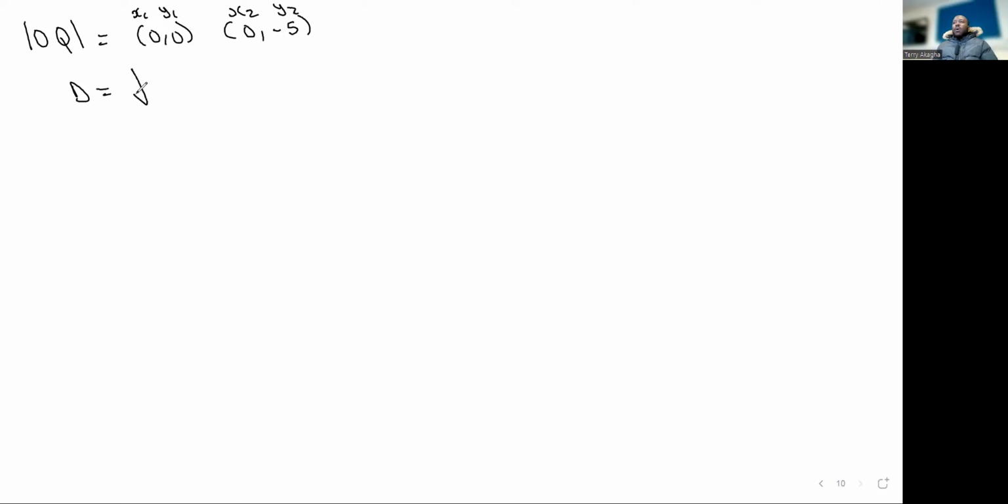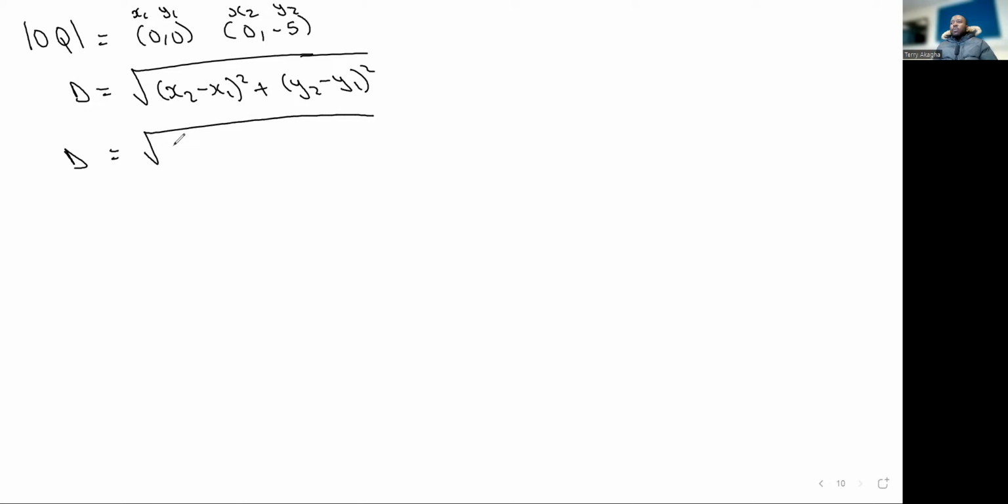The distance is the square root of x2 minus x1 squared plus y2 minus y1 squared. And that will give us the distance equal to the square root of 0 minus 0 squared plus y2, which is minus 5, minus 0, all squared.